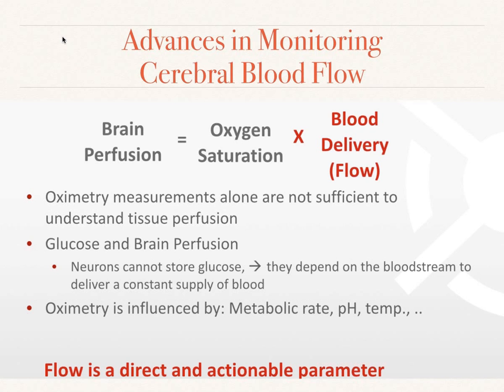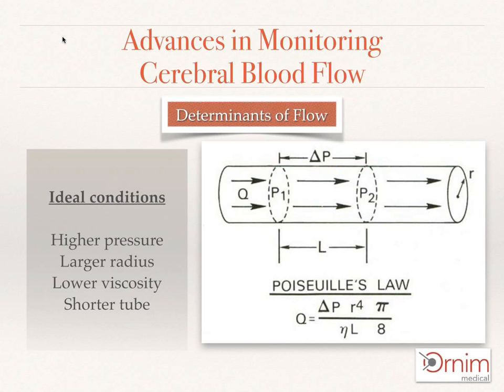And blood flow and oxygen saturation do not always move in lockstep with each other, and they do not always move in the same direction. You can think of a septic patient as a good example of a case where oxygen saturations may drop while flow actually increases. The difference between saturation and blood flow is that flow is a very direct and actionable parameter.